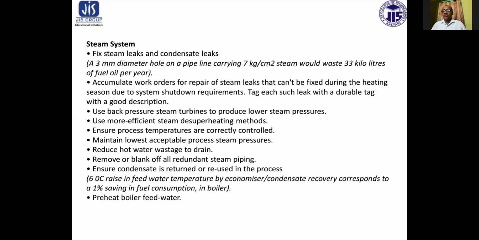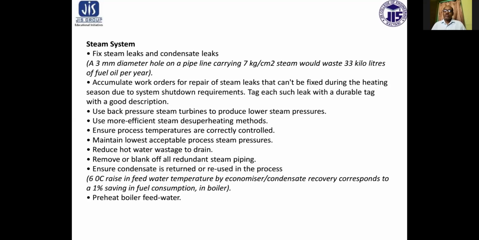Accumulate work orders for repair of steam leaks that cannot be fixed during the heating season due to system shutdown requirements. Tag each such leak with a durable tag with a good description. Use backpressure steam turbines to produce lower steam pressure.